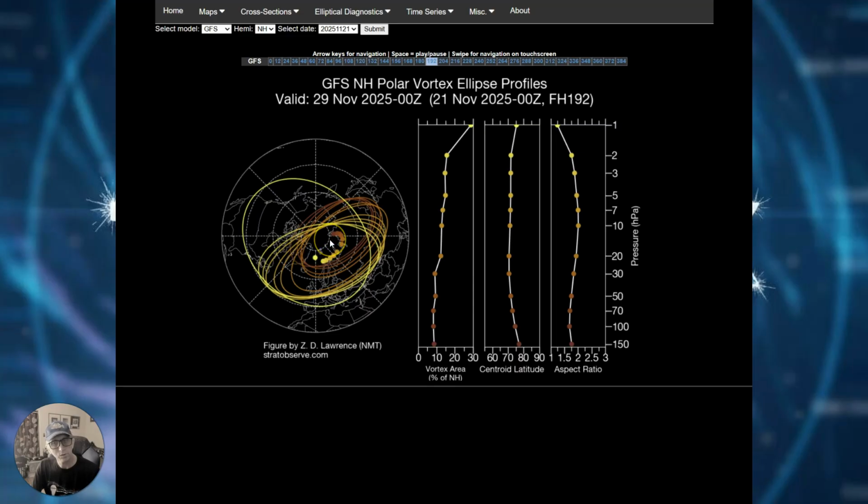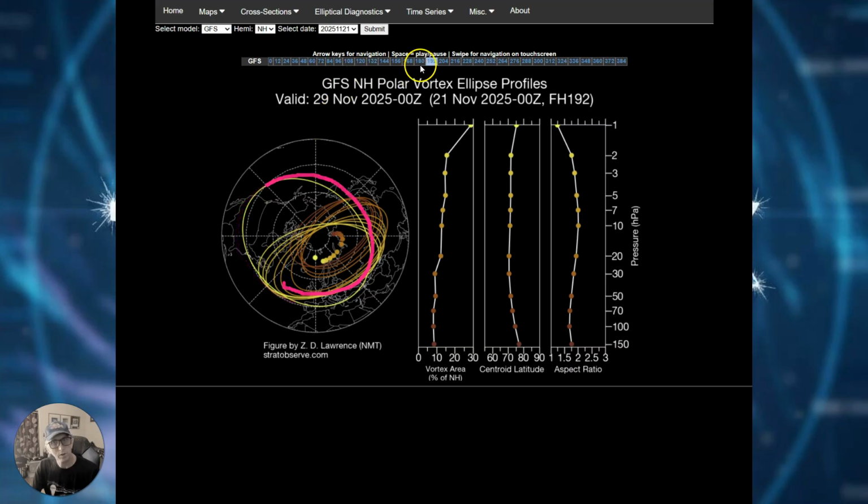And these are the centroids of the polar vortex, different pressure levels. So see how it's just stretched out. It's just all over the place, right? It's not very circular. All right. Although this starts off further to the north, right?